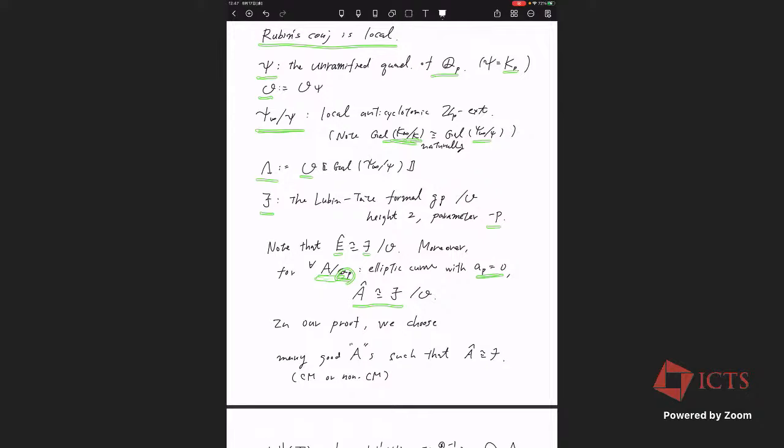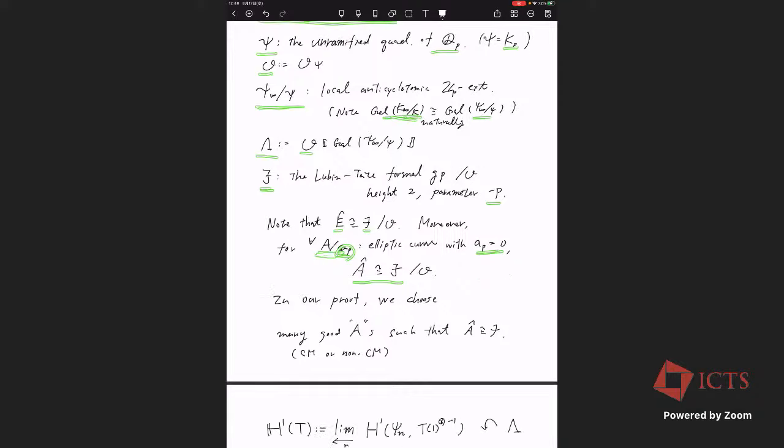One of my key points is to forget complex multiplication, so it is important to consider the Rubin-Tate formal group instead of a CM elliptic curve. In our proof, we choose many good A's whose formal group is F, CM ones and non-CM ones. So we fix the formal group F and later vary many elliptic curves A whose formal group is isomorphic to F.